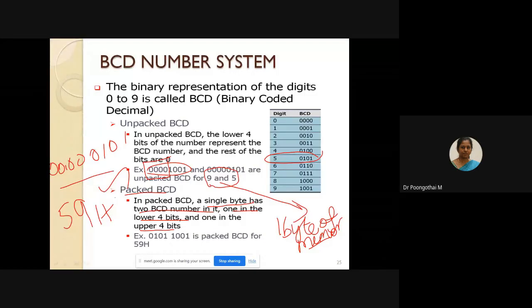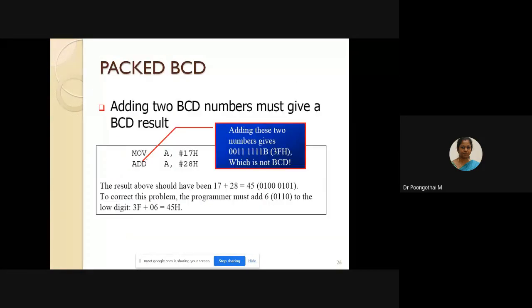Okay. So the problem is that in packed BCD, after adding packed BCD numbers, the result is no longer BCD. So we have to convert that value. We go for DAA, decimal adjust accumulator. Adding two packed BCD numbers must give a BCD result.